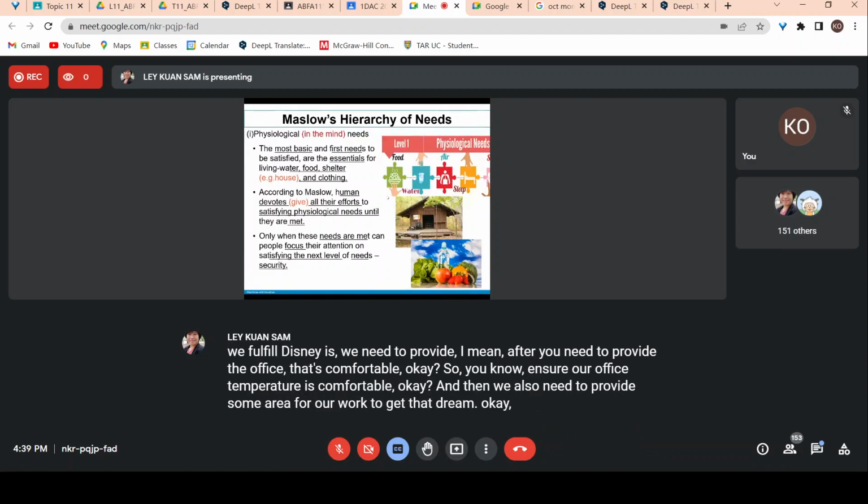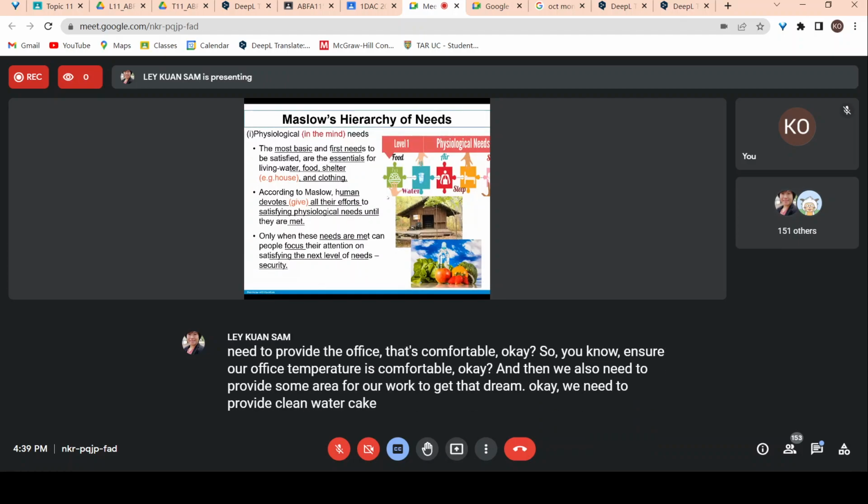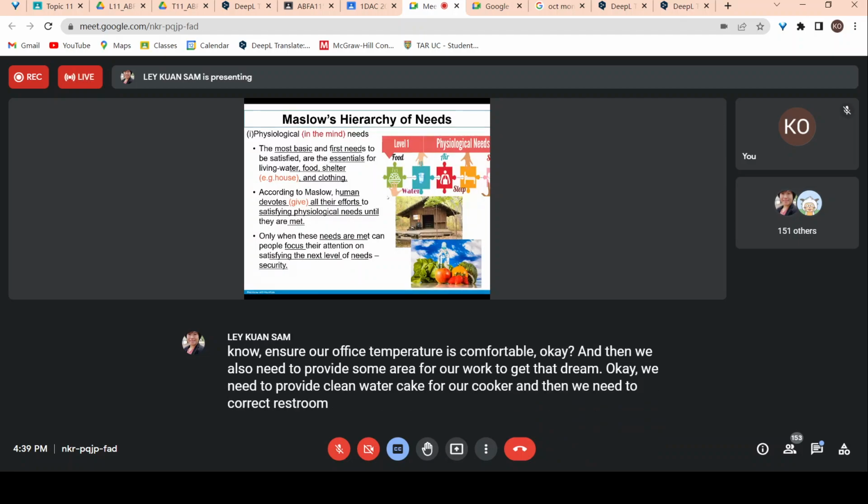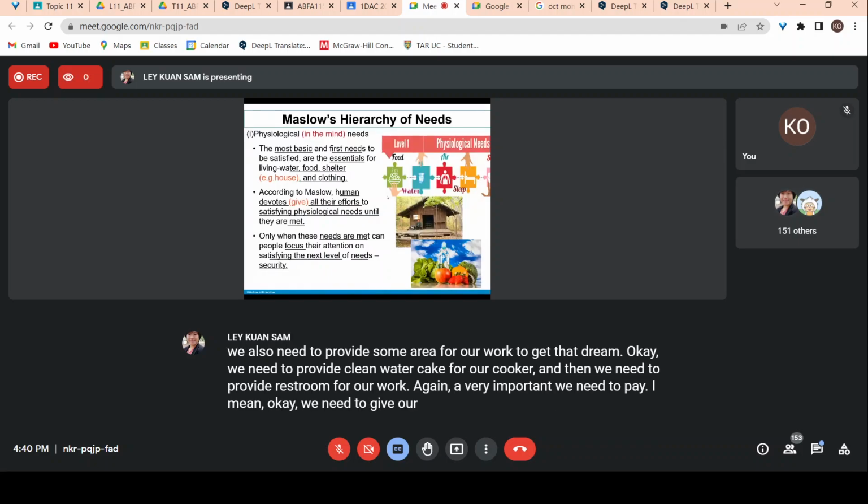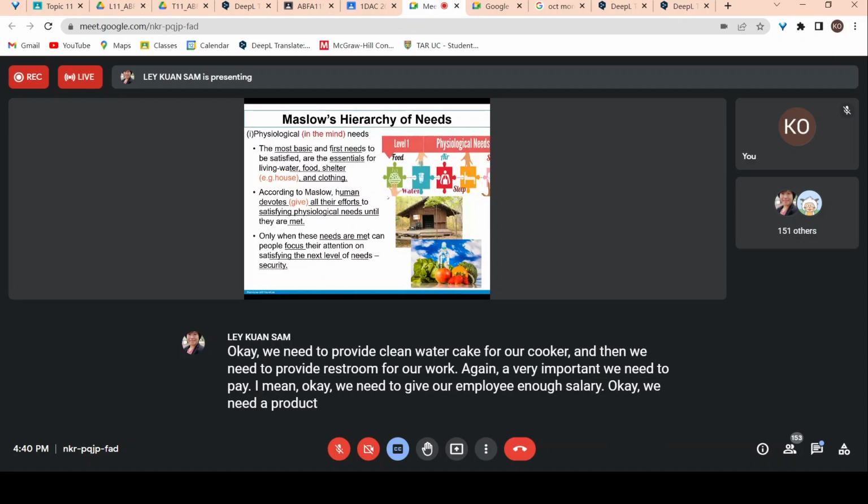We need to provide clean water for our workers, and we also need to provide restrooms. Very important, we need to give our employees enough salary. We need to provide steady income for our employees.